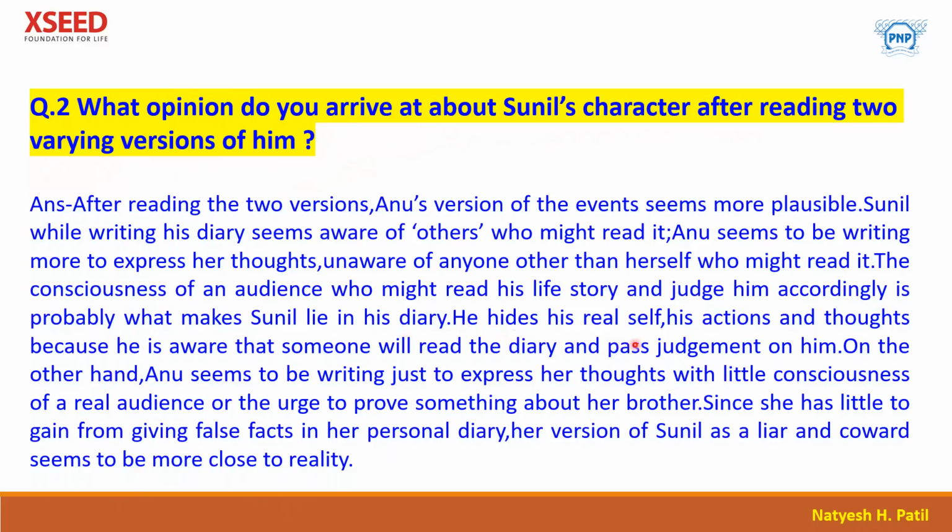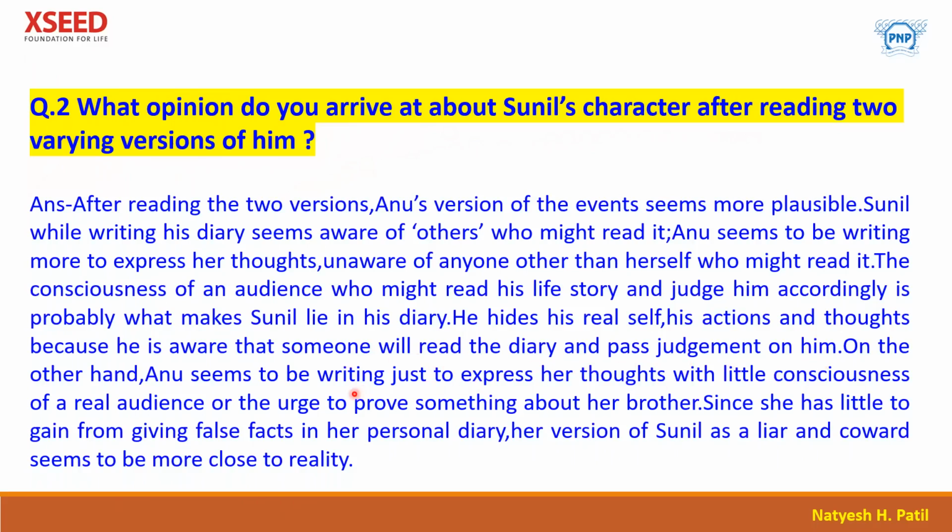He hides his real self, his actions and thoughts, as we have seen. For example, what actually happened at the party was different. That was a half truth, correct? But Sunil portrayed himself as very brave. So he hides his real self, his actions and thoughts, because he's aware that someone will read the diary and pass judgment on him.